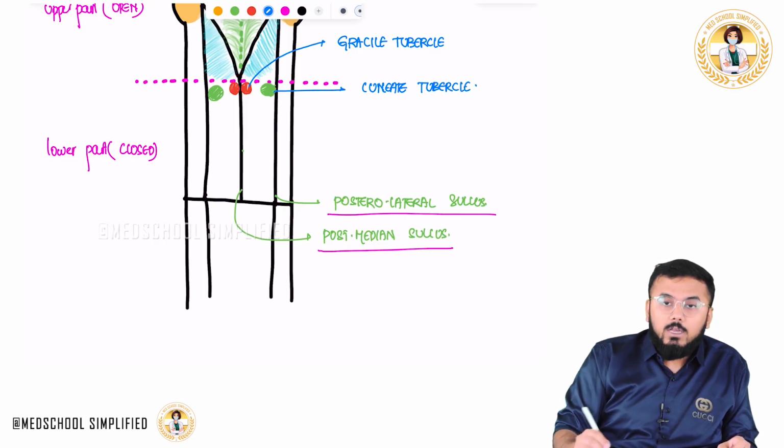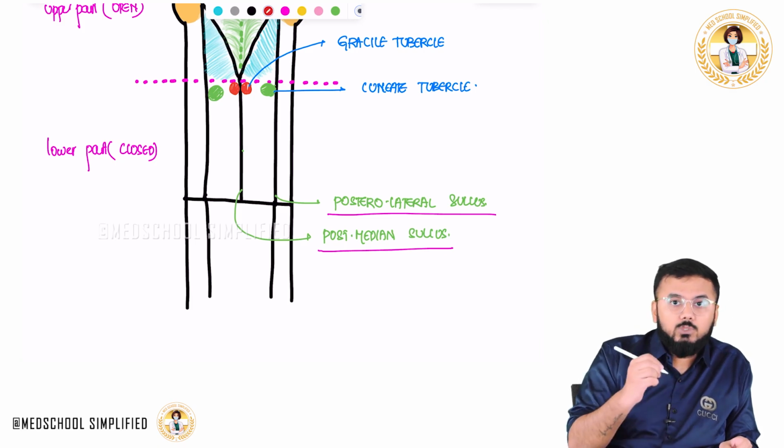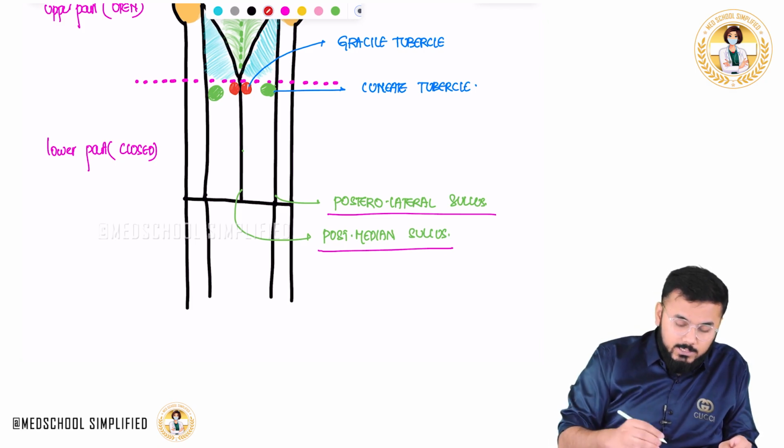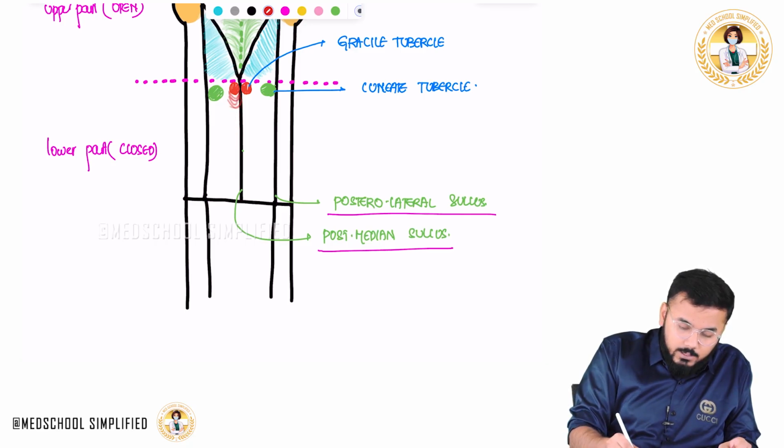Now just beneath these tubercles, there are swellings in the form of a longitudinal ridge like this. Let me make this picture in a different way.